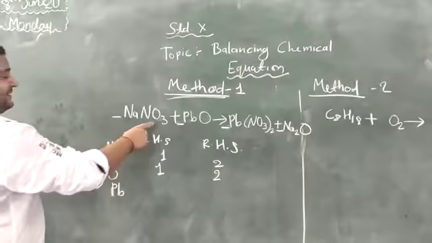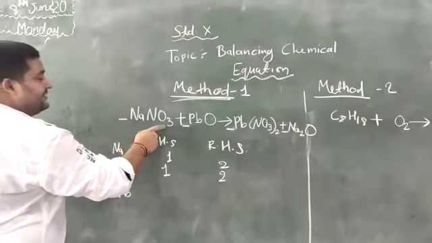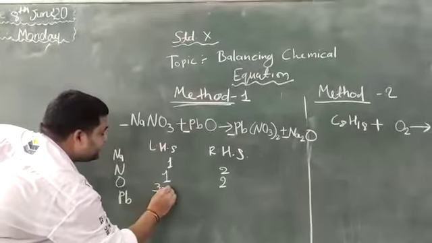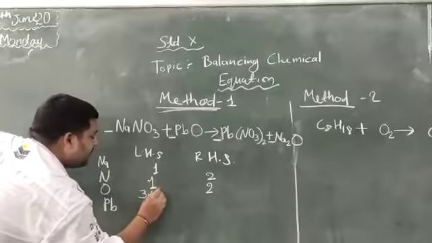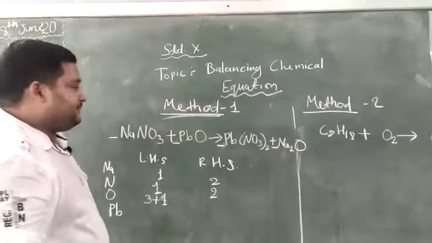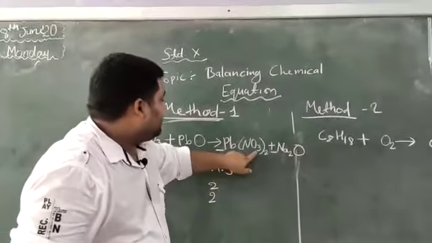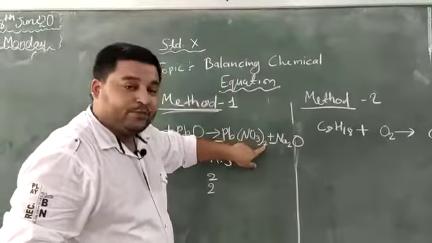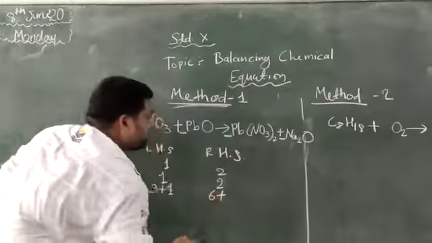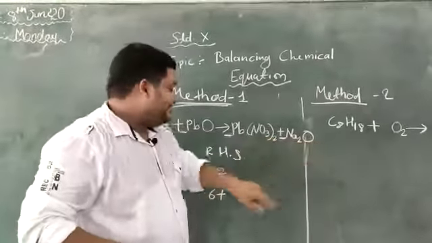Now we'll see oxygen. Here 3 oxygen and here 1 oxygen, means total 4. So write down 3 plus 1. 3 oxygen and 1 oxygen, 4 oxygen. Check this side, 3 oxygen and product 2, means 3 2s are 6 oxygen. So write here 6 oxygen plus 1 more oxygen is there.